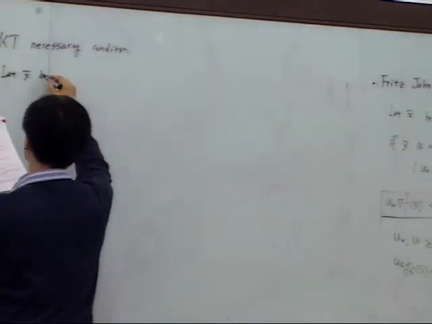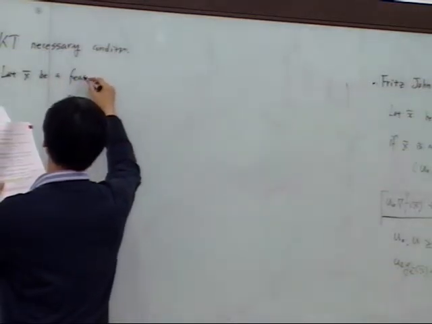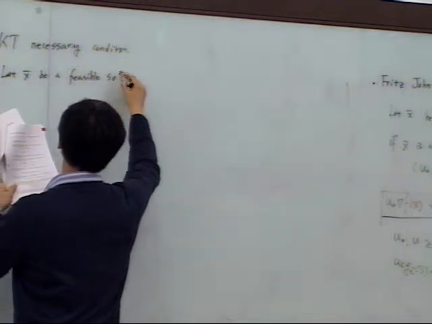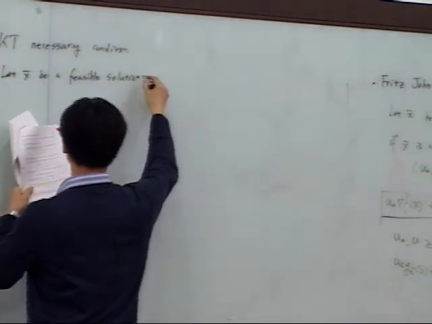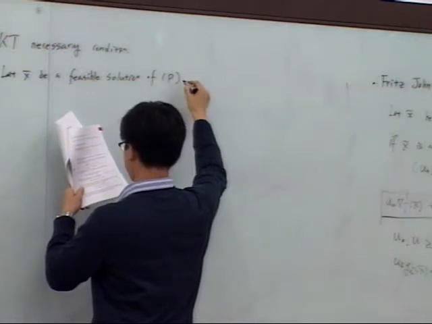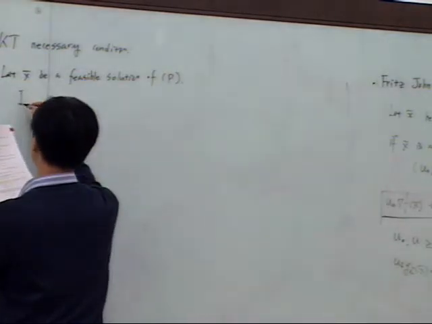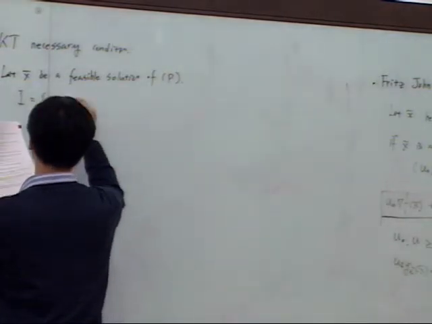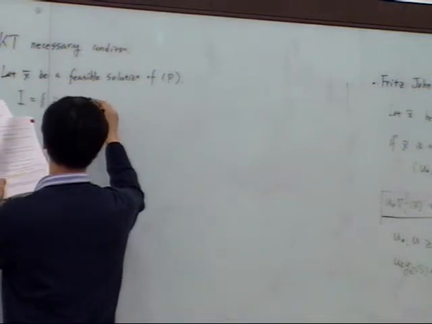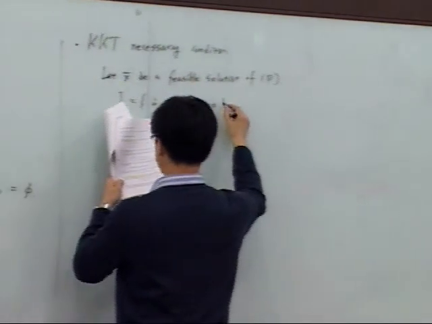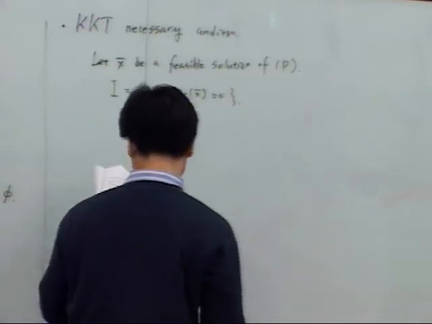Anyway, let x bar be a feasible solution of P, and let I be the indices of the binding constraints.